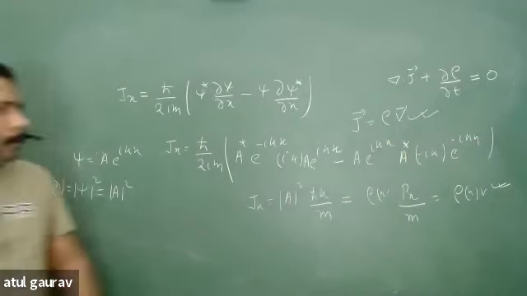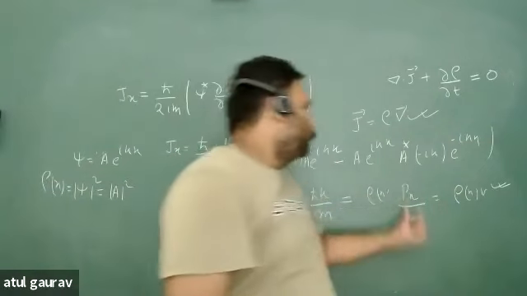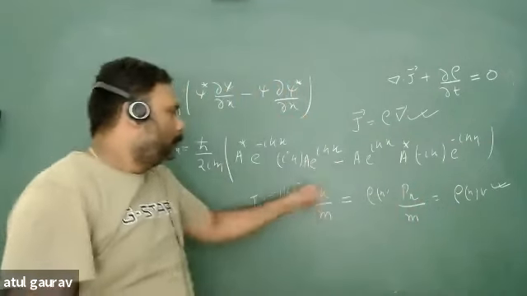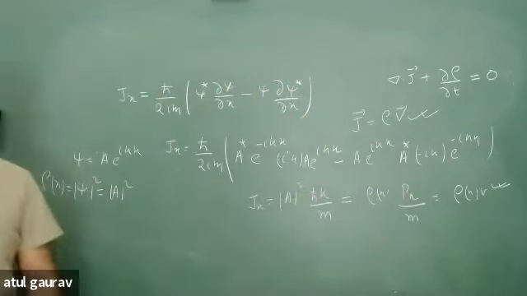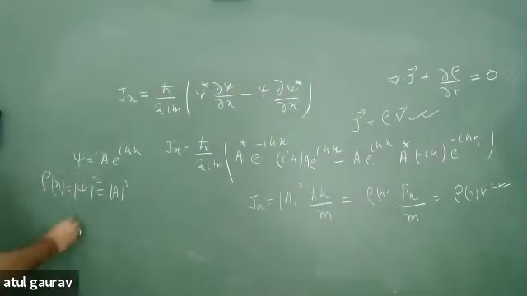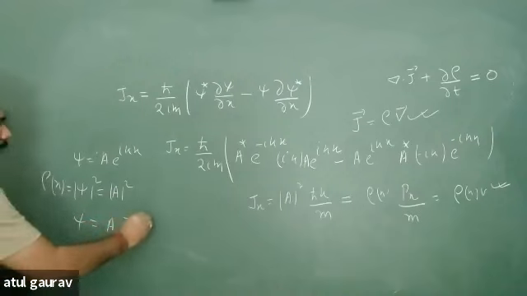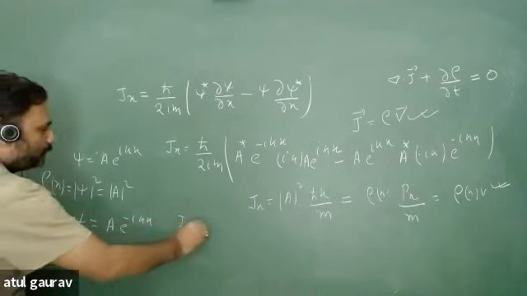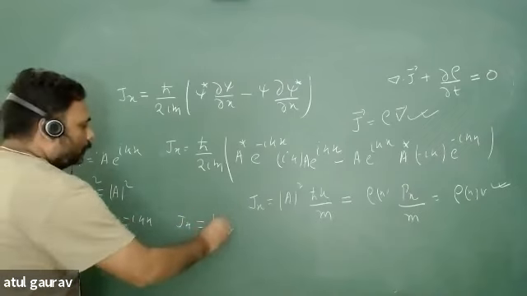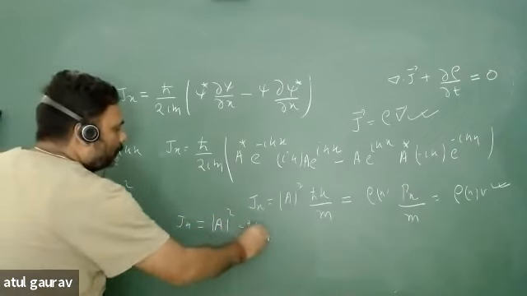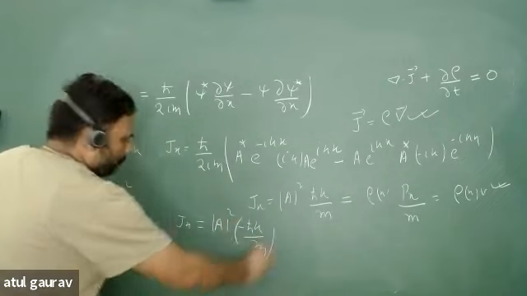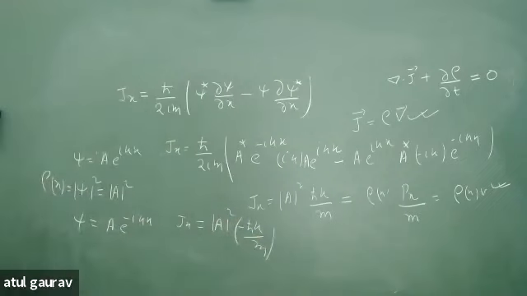This is all about probability density into velocity, and velocity you can write as px by m, and px is h cut k. Similarly, for psi equal to, let's say, a e to the power minus ikx, you can find jx as mod a square into minus h cut k upon m. You can just calculate this yourself.